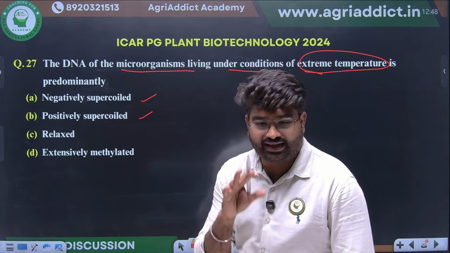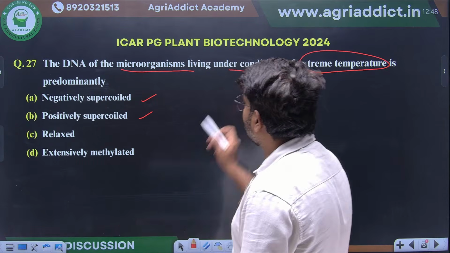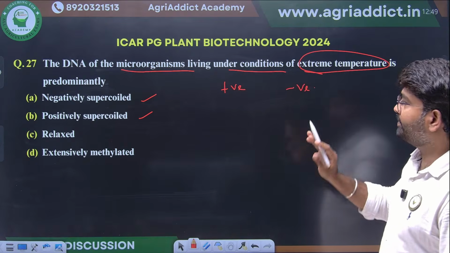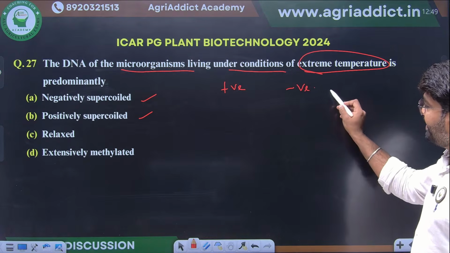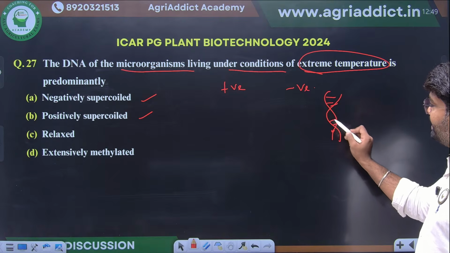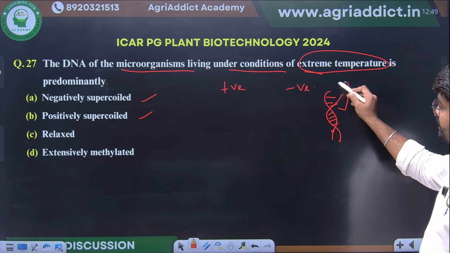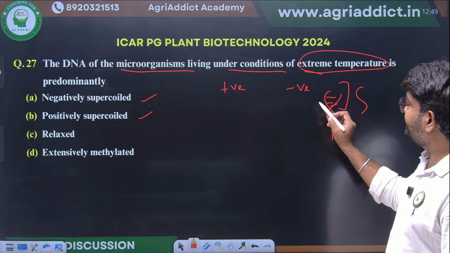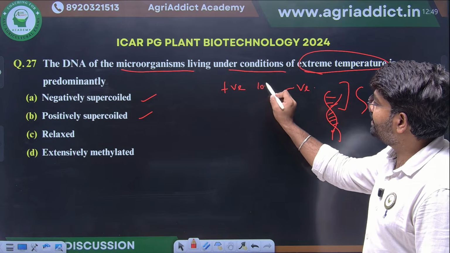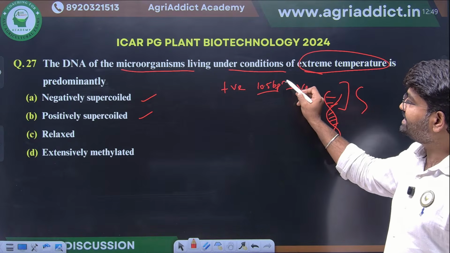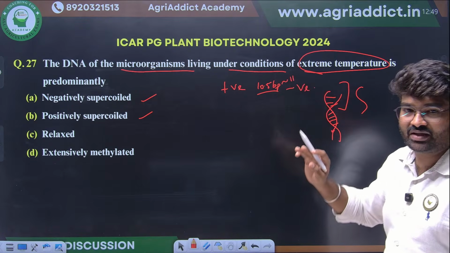First we have to know what is meant by positive supercoiling and negative supercoiling. We know that DNA has base pairs, and per helical turn there are 10.5 base pairs, approximately 10.5 to 11. This is clear for everyone.